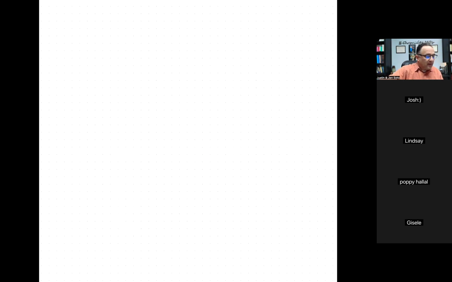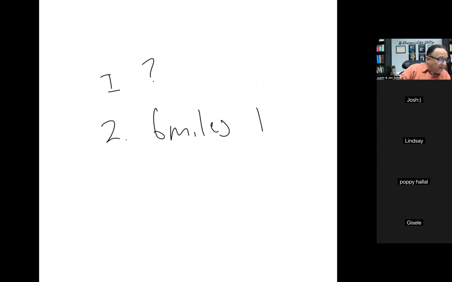Okay, so now look at number 2. It's taking the same approach as lesson 33. So in number 1, it was a question, how many? Number 2, it says convert 6 miles to feet.